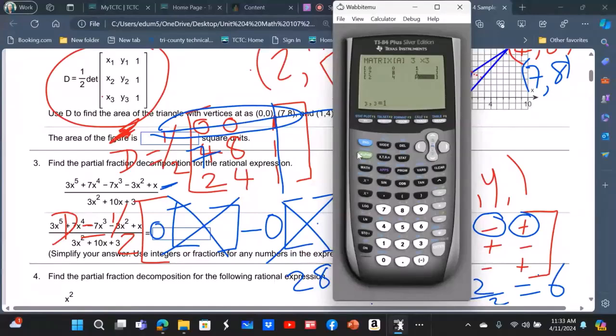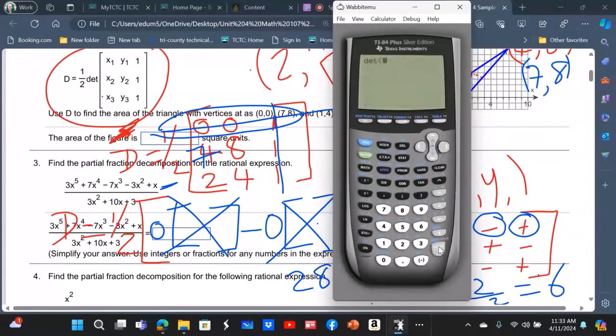Now I'll do second, then go back to matrix again. Second matrix, and then I want to do matrix math. In matrix math, I have determinant as number 1.